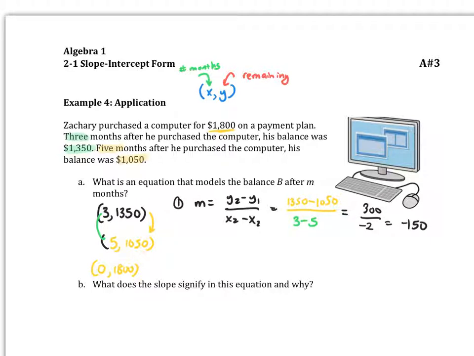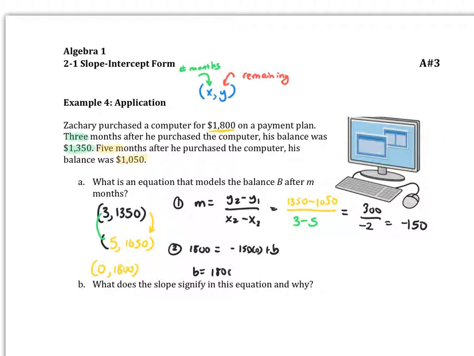Now, the next part actually is using a point and plug in. Well, it's actually much easier than that. We actually know what B is right here because that's where we begin. We begin at 1,800. So if you were to take that point and plug in 1,800 here equals negative 150x plus B, and x being 0, then B is 1,800.